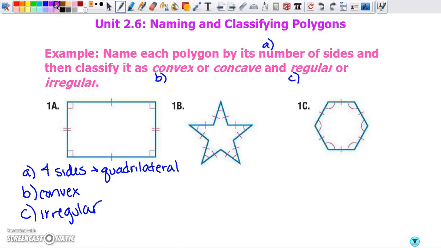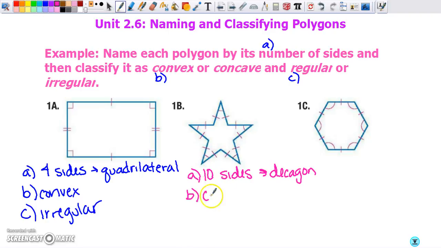Now when we move on to number 1B, we're going to start with naming it by its sides. When we count them up, it turns out that it has 10 sides total, so 10 sides makes this a decagon. Then for the second part, is it concave or convex?